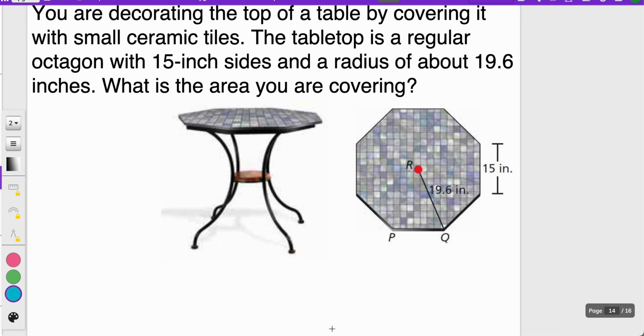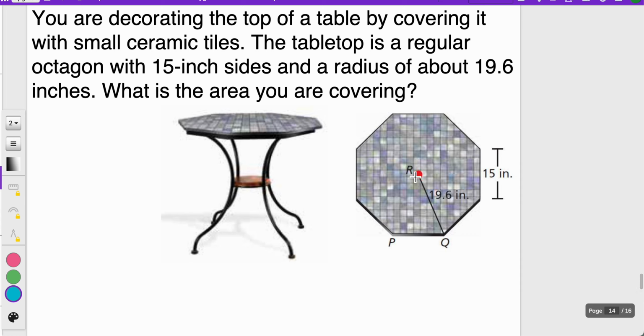This next one can be found the same way, except you're going to maybe notice that we can use something a little different here. It says you're decorating a top, so you're kind of thinking about this being a right angle. I already know that the side length is 15, so here is 7.5, so guess what? We can use our Pythagorean theorem to find letter A, which is also the apothem.